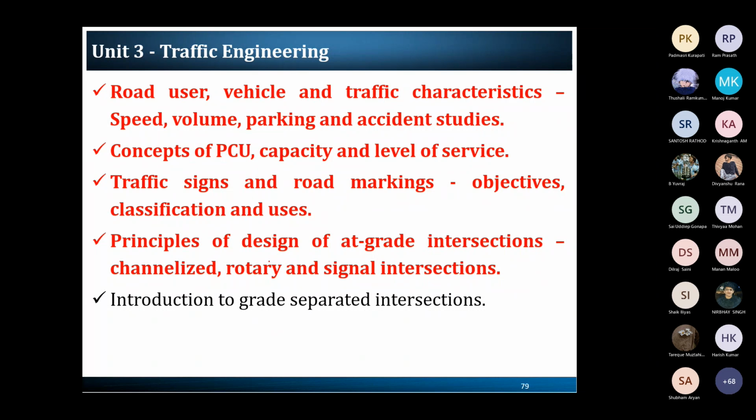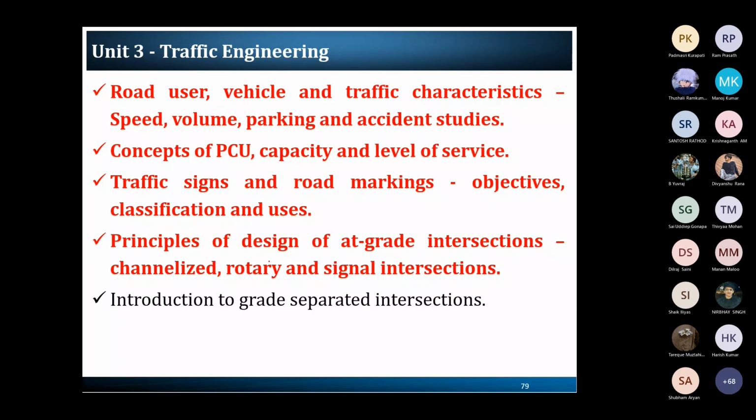Today we covered three major concepts: passenger car unit, capacity, and level of service, which give the evidence for evaluating the existing conditions of the road network. This was followed by simple facilities, traffic signboards of three major types, and the different kinds of road marking: longitudinal and transverse marking, and word marking, and how they are there. These concepts and classifications, and how they make communication between road users, we have seen at the macro level.